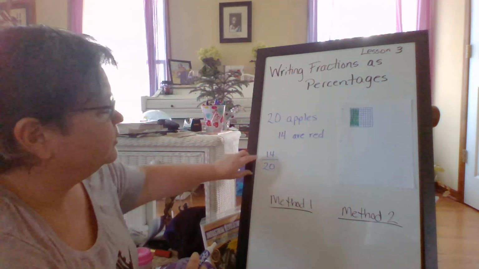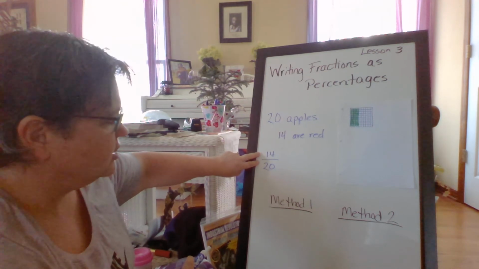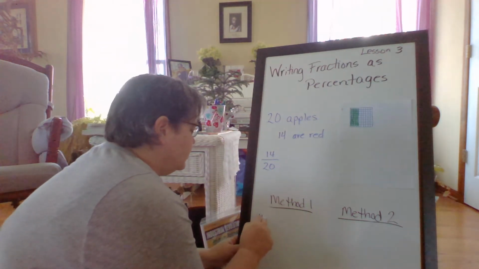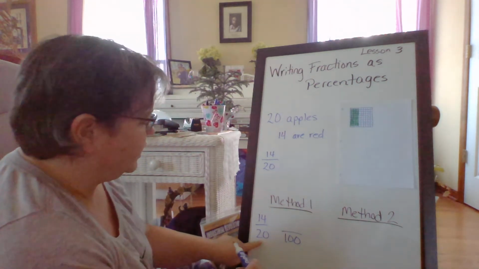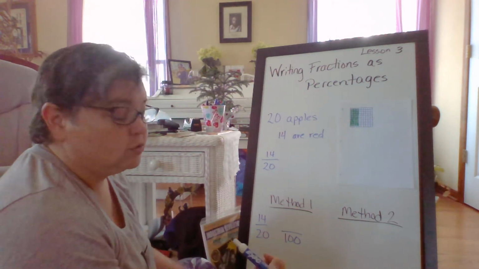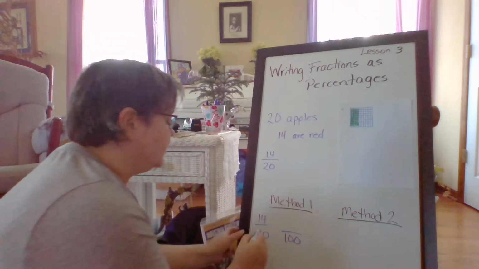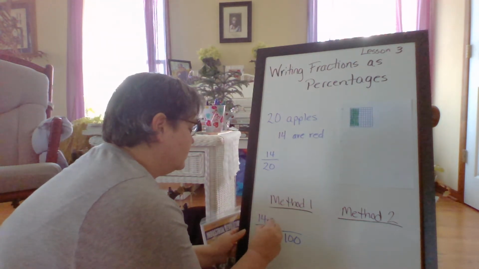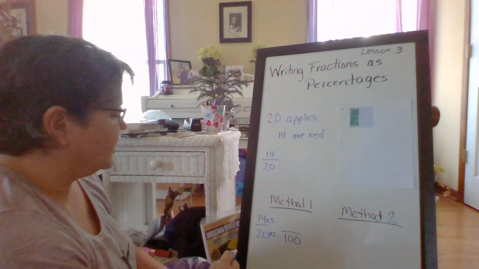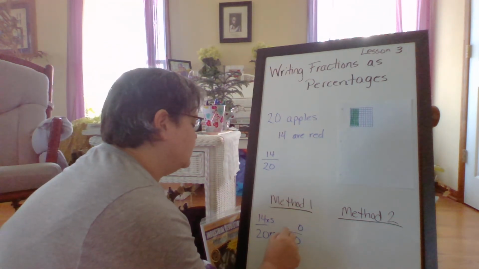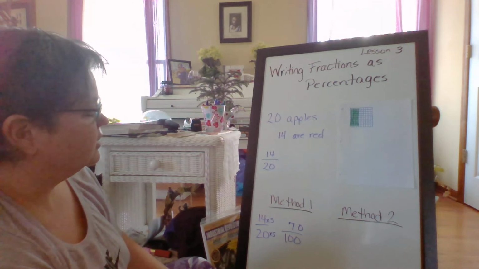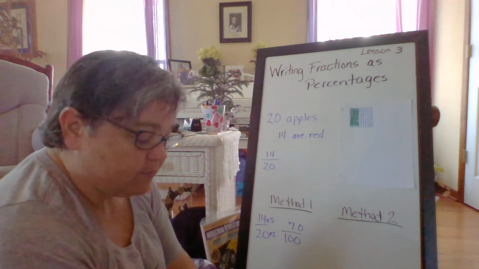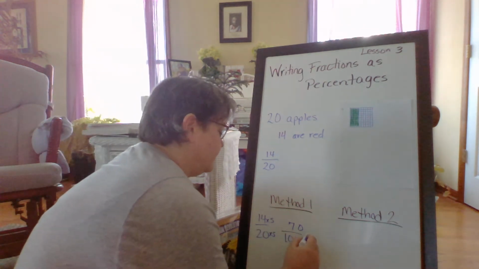So this is how I'm going to write that fraction. I'm going to use method 1. 20 will go into 100. 20, 40, 60, 80, 100, 5 times. All right, and 14 times 5 is, let's see, 70. Is that right? 50, 55, 60, 65. Yeah, 70. All right, so that's 70%.